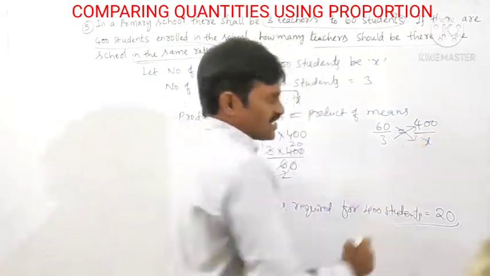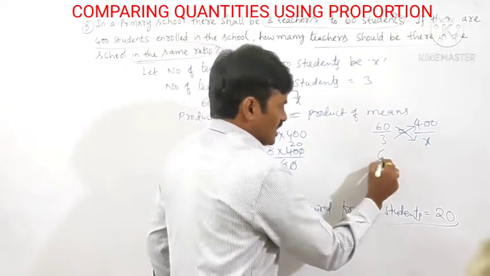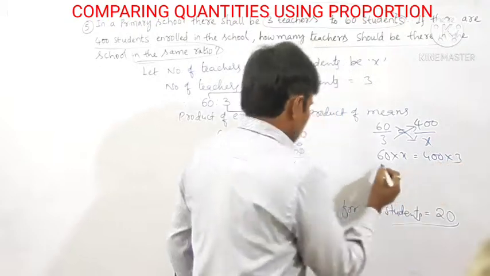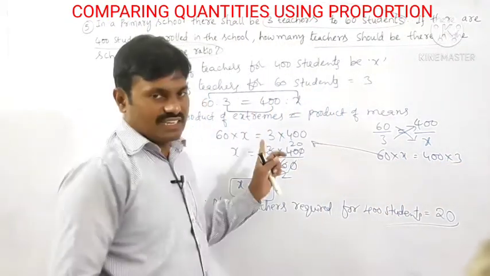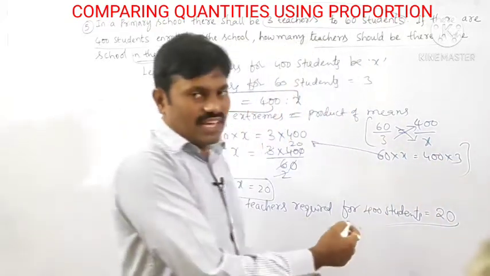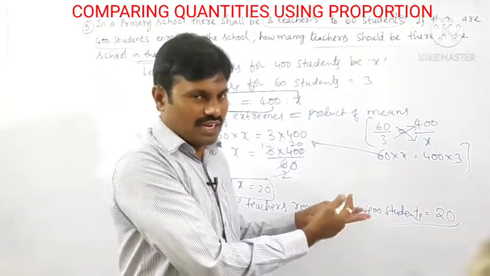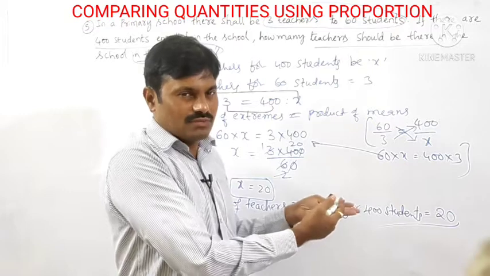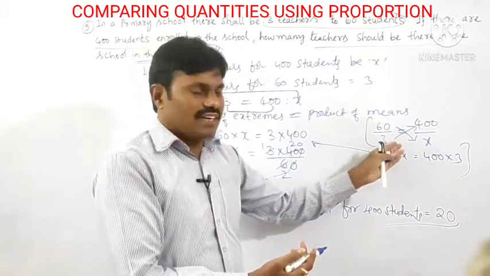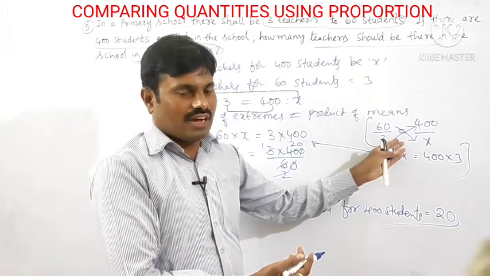Now cross multiplication: 60 into x is equal to 400 into 3. In the same way we got this here also. So we can use this concept also, and this method also we can follow. No issue, because we can write A is to B as A by B, and we have learned the cross multiplication method in the linear equations in one variable concept.